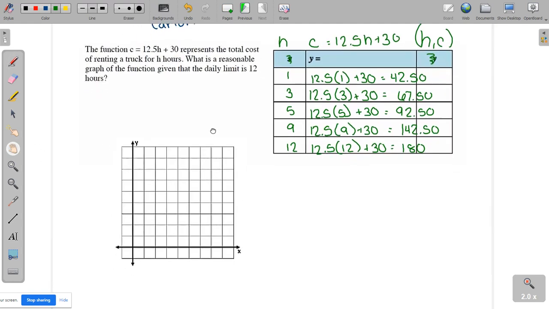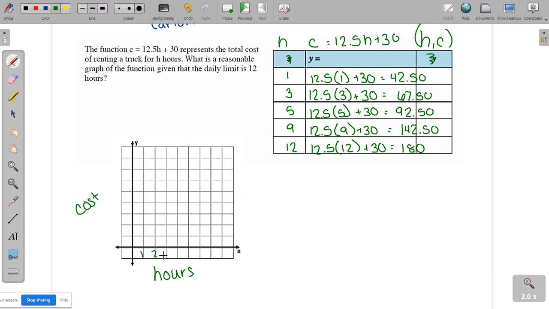So let's graph this and see what it would look like. So our hours and our cost. Let's see. Hours, 1, 2, 3, 4, 5. No, that won't work.